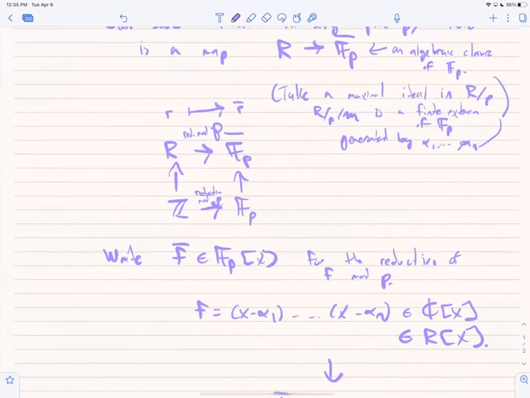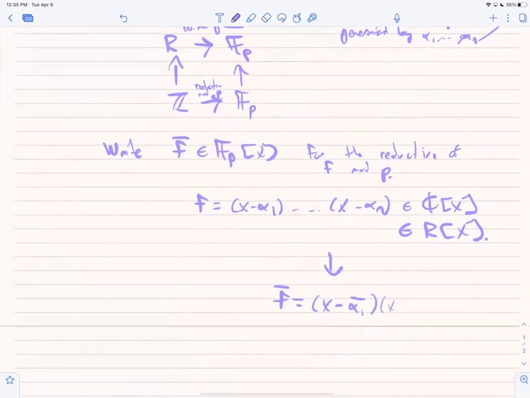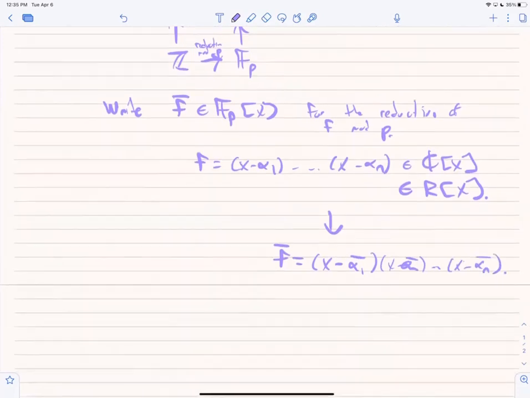I'll still write the map as R goes to R bar, this extension of reduction mod P to this ring R. And that means the roots of f, these alpha 1 to alpha n, get mapped to the roots of f bar under this reduction.